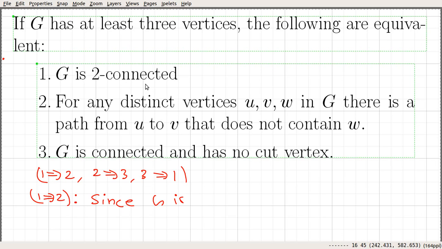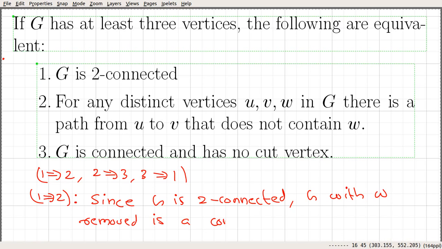So if you remove a vertex, say W, G with W removed is a connected graph.